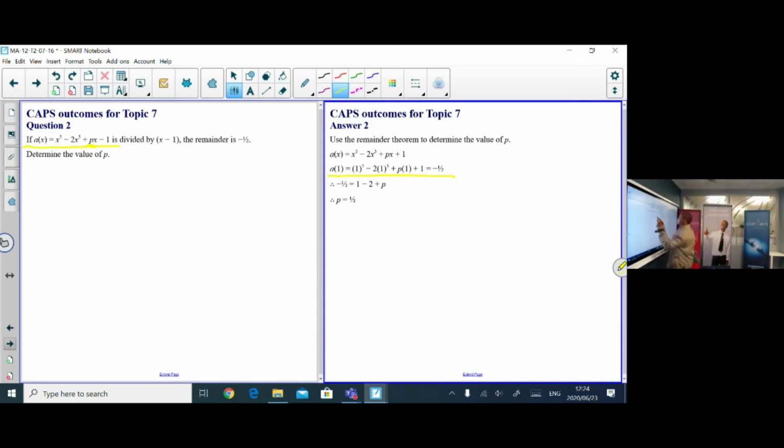It will give us negative half. And then from there, we make p the subject, and we get p equals half, thereby solving the problem of what p is. Okay.